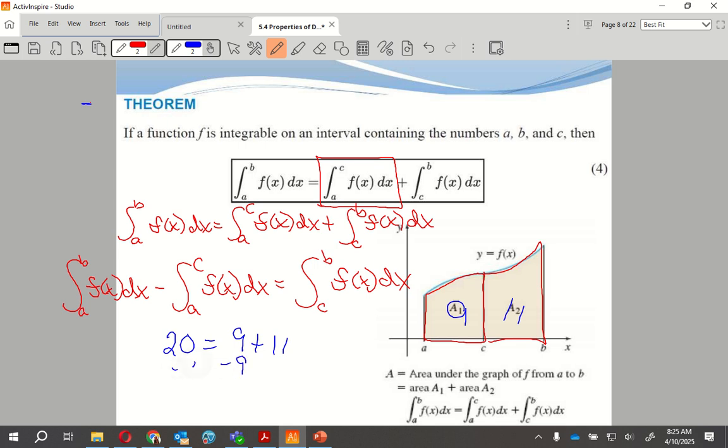Subtract 9, subtract 9. So is 20 minus 9 equal to 11? Yeah. So this property works because of this equal sign right here. So can I finagle my property? Can I move it around? Yeah, I can move it around to find our missing piece, or sometimes having to rework this in different ways. So it does work.